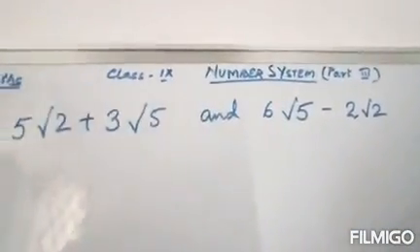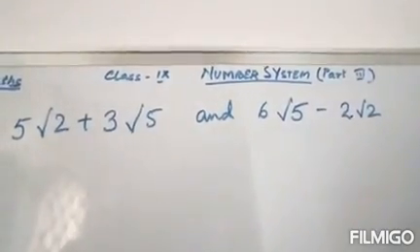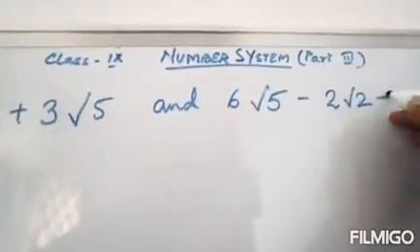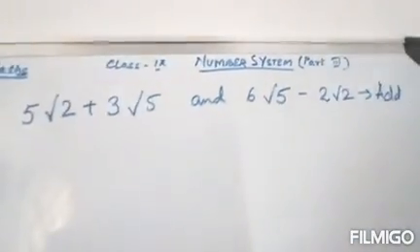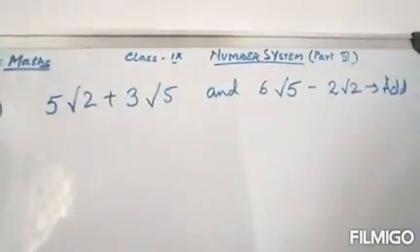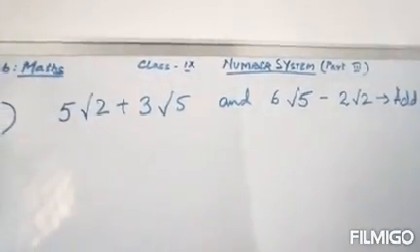You are told to add these two numbers. Operation here will be add. What will you do?